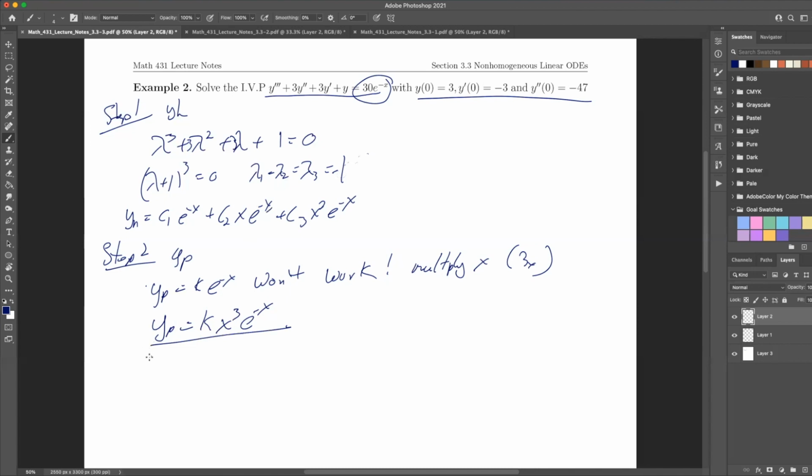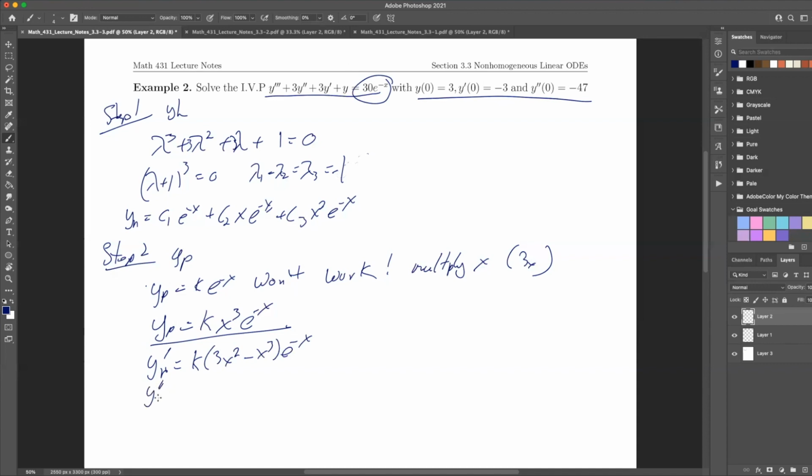So once we have this, we need to find its derivatives. I need to find up to 3 derivatives. The first one is k, and here, once again, this will be product rule, so it'll be 3x squared minus x cubed e to the minus x. You can derive that via product rule.